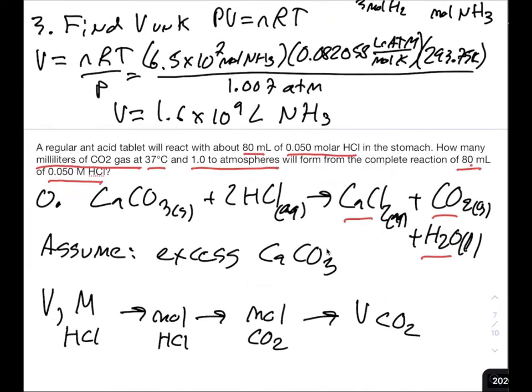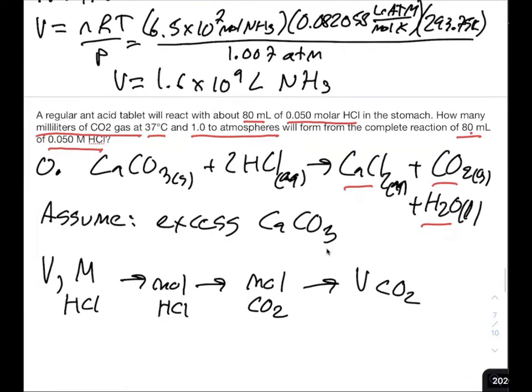We're given aqueous information, a molarity and a volume of HCl. So we're given information about a solution. It's not the volume of a gas, but the volume and concentration of a solution.